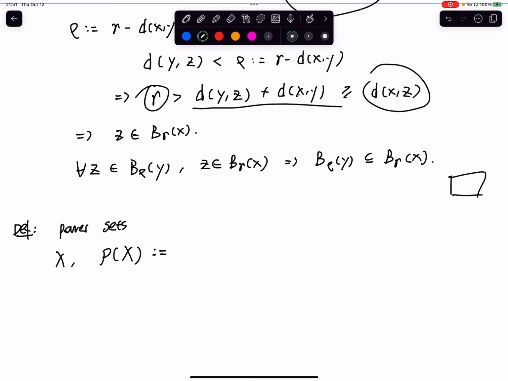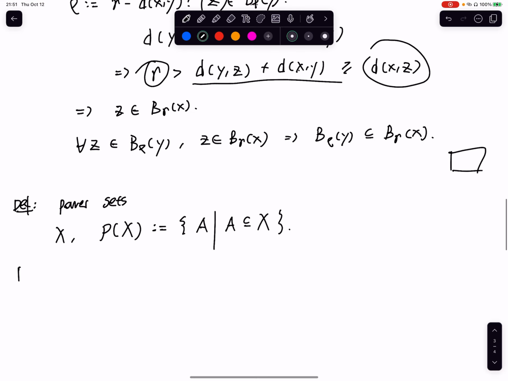It is defined to be all A such that A lives in X. So remark one thing: for all topologies T on X, we always have T is smaller than P(X).